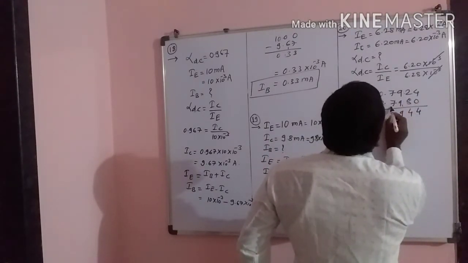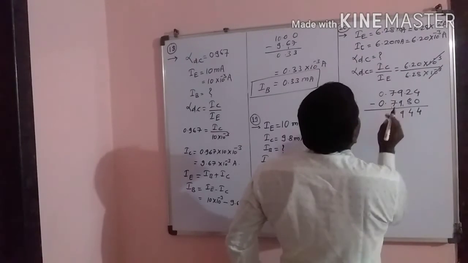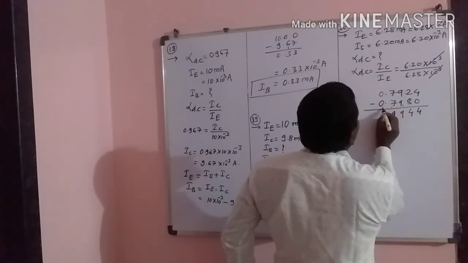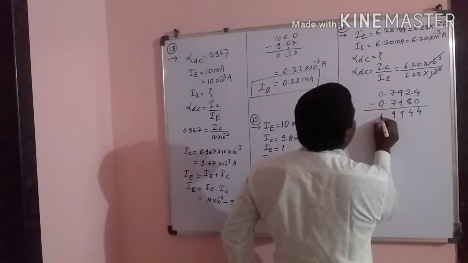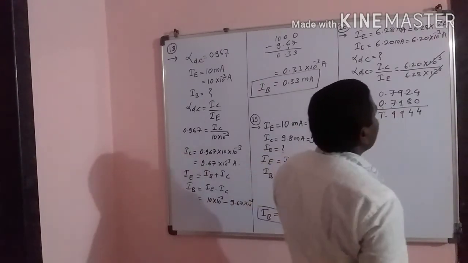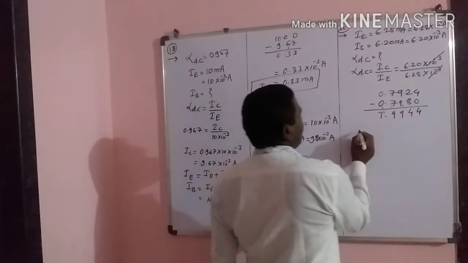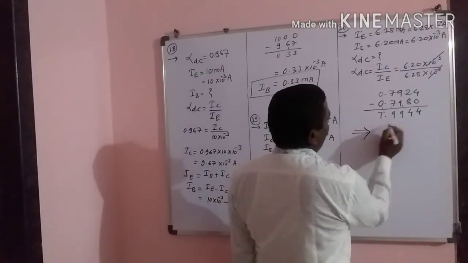Again 17 minus 8 is 9, and here 1, and this one has a minus sign, that is bar 1.9944. Again, we take the antilog of this.